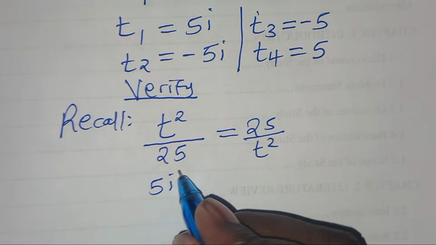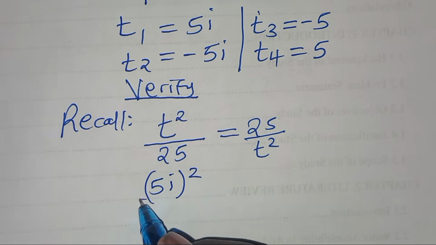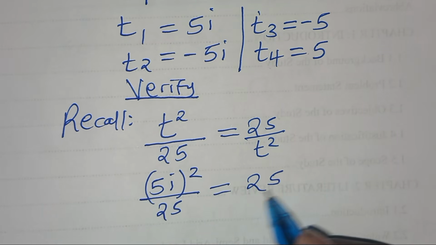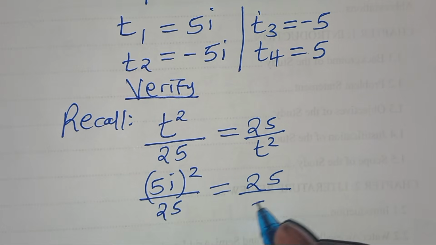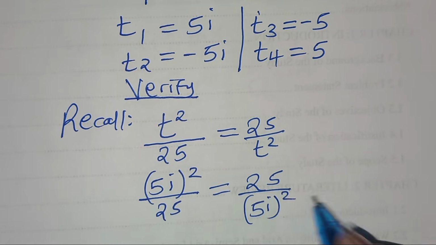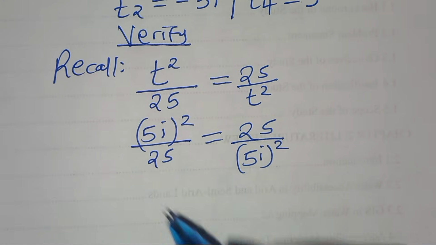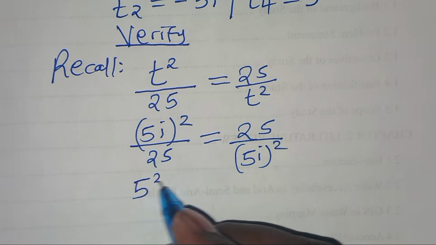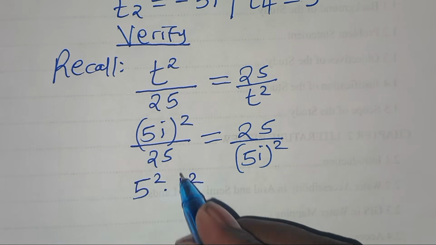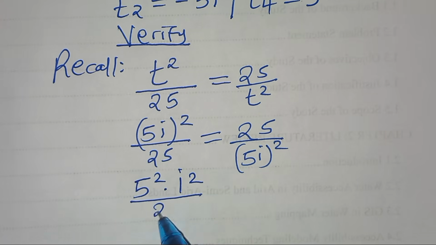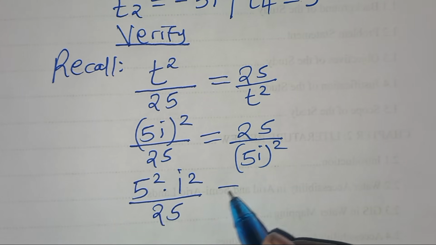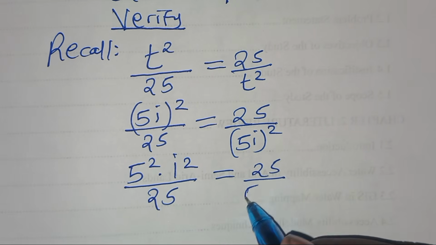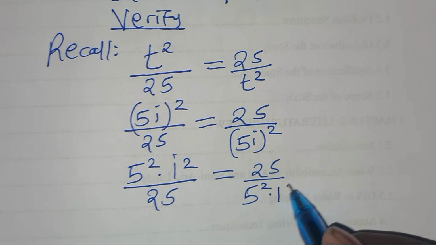So we have 5i squared divided by 25 equal to 25 divided by 5i squared. So here we have 5 squared times i squared divided by 25 equal to 25 divided by 5 squared times i squared.